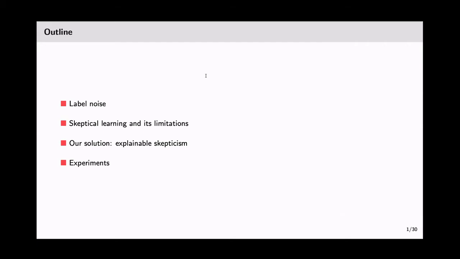I will then introduce skeptical learning, which is an interactive protocol that addresses this problem. However, it has some limitations. So we will overcome this limitation by using explainable skepticism, which is our solution. And we will show how it works in some experiments.